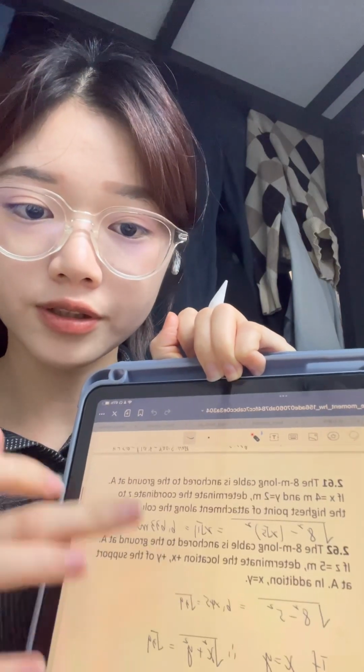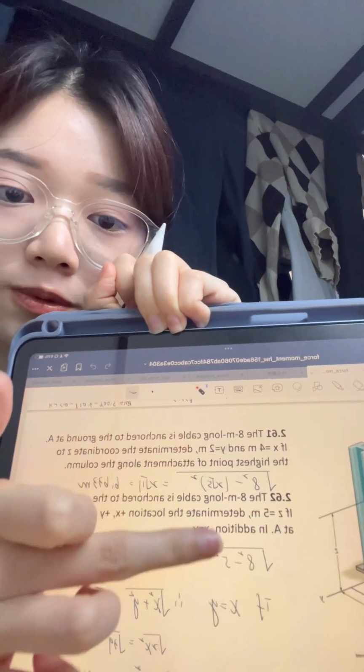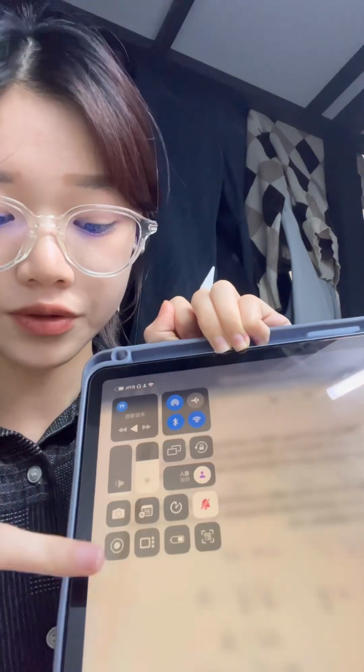Okay, the next question is 2.61 and 2.62, and the same with the screen recording.